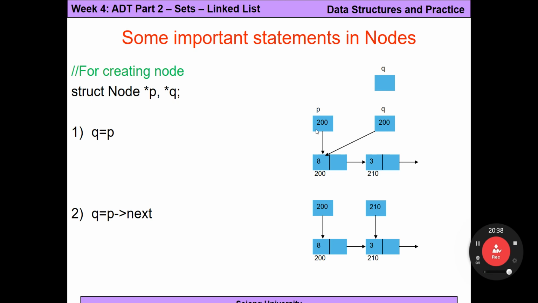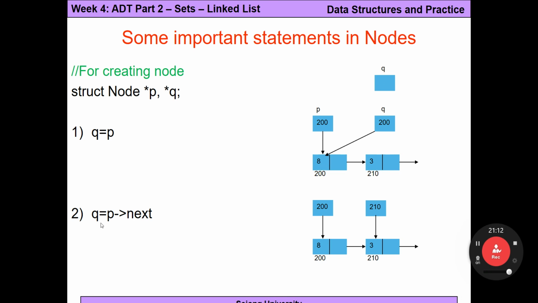As P was pointing to this memory location, or basically this node with the address 200, now Q is also pointing towards this node with the address 200. This is what this statement means. Whenever I say Q equal to P, it means that now Q is pointing to the same node that P was pointing to.